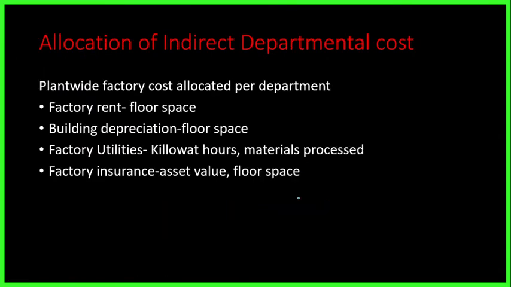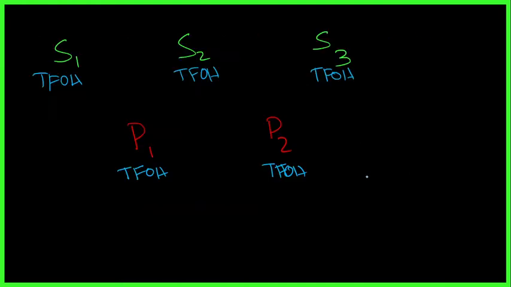Next, you have your allocation of indirect departmental cost. These are plant-wide factory costs. Let's just use allocated factory overhead. What is allocated factory overhead? It is overhead the entire organization incurs which can be allocated to the departments.